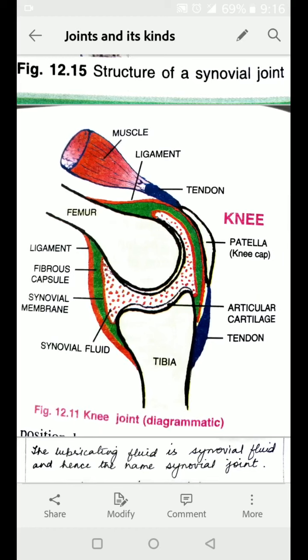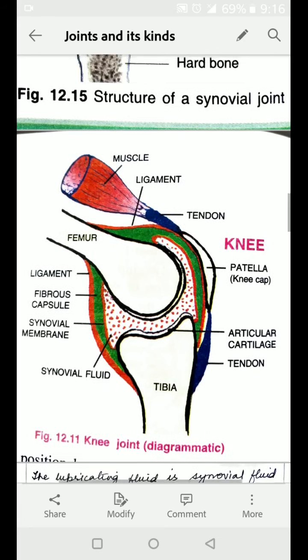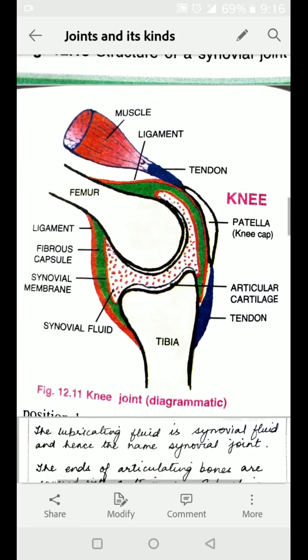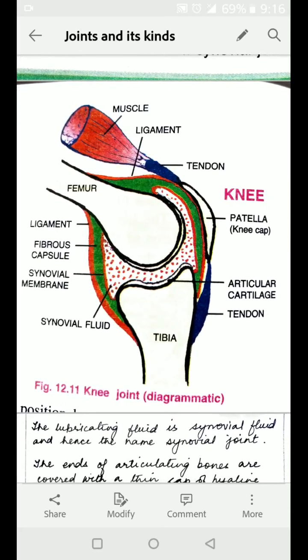The wall of the capsule is formed of an outer dense fibrous layer and a less dense cellular inner synovial layer, and the cavity of the capsule between the articulating bones is called the synovial cavity, which is filled with the lubricating fluid called synovial fluid. As I told you, because of this synovial fluid, the joint is called a synovial joint.